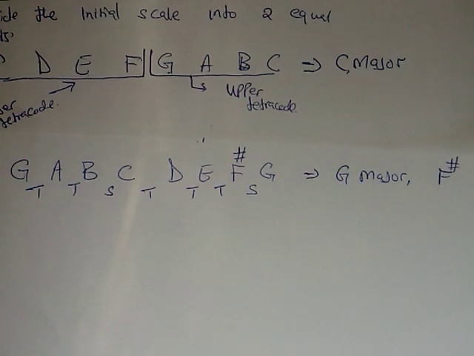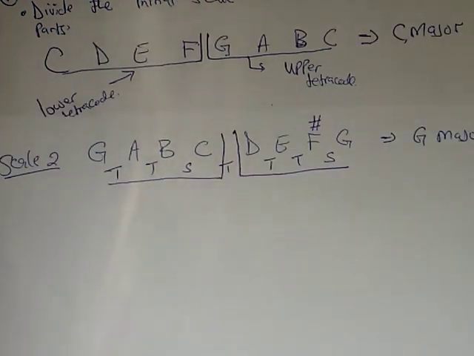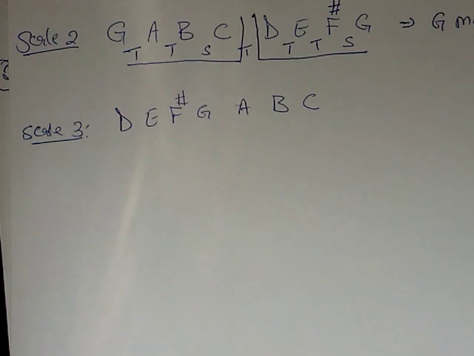We now obtain the third scale, and now our initial scale becomes the scale G major. So as usual, we divide the scale into two equal parts. So we obtain the lower tetrachord and upper tetrachord. And the scale 3 will begin with the whole of upper tetrachord, which is D, E, F sharp.